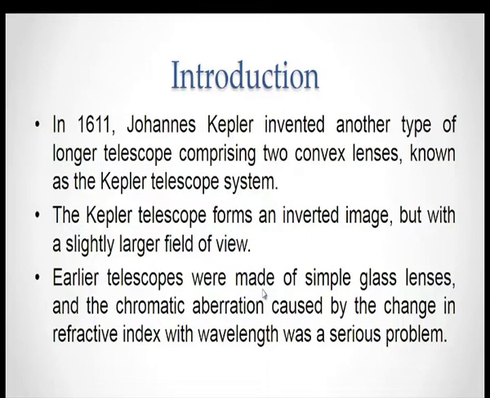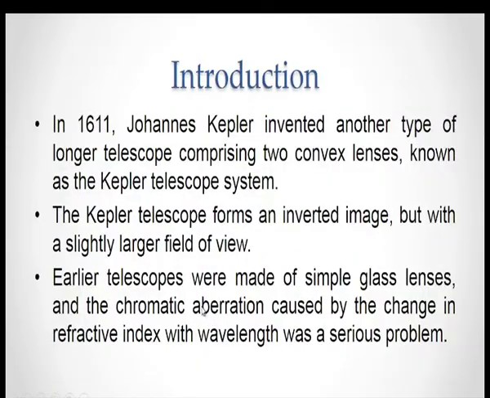Hence, Kepler invented this telescope employing two convex lenses. The Kepler telescope forms an inverted image, but with a slightly larger field of view compared to the field of view of Galileo telescope. Earlier telescopes were made of simple glass lenses.